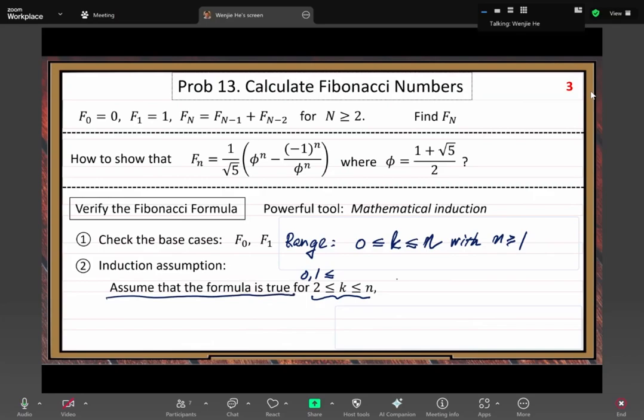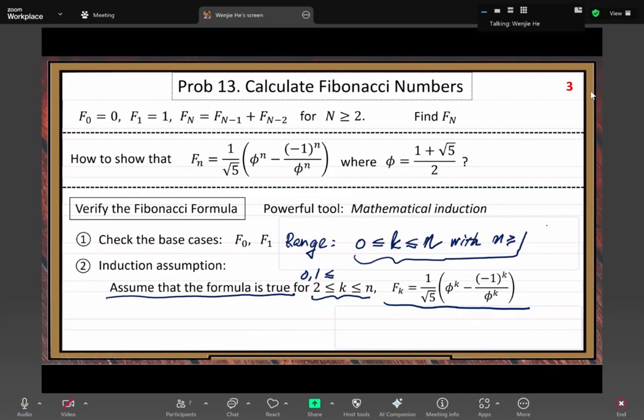What do I mean, the formula is true? This formula is true when k falls into this range. That's the assumption. We assume it's true.